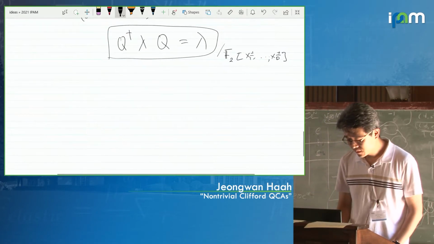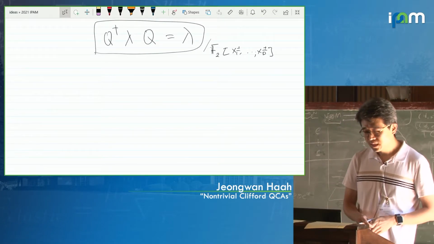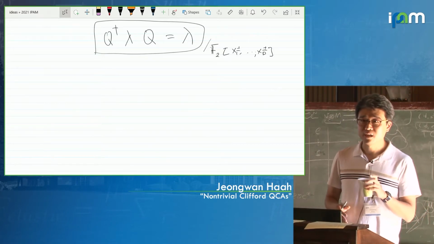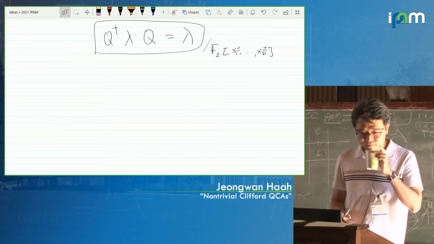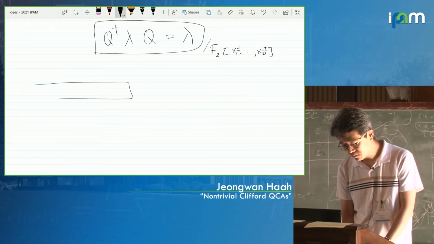Now, in Matt's talk, we were told that it is important and interesting to think about the boundary. Just to recap, what was the boundary algebra?